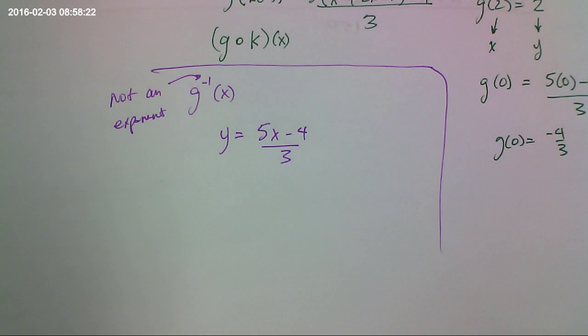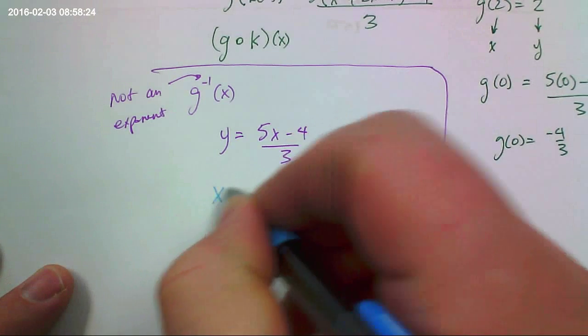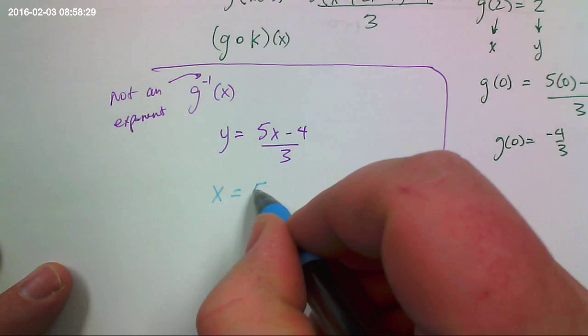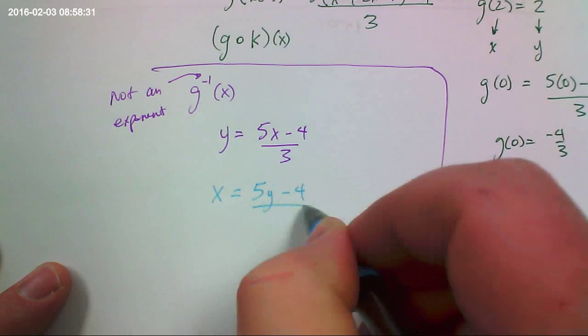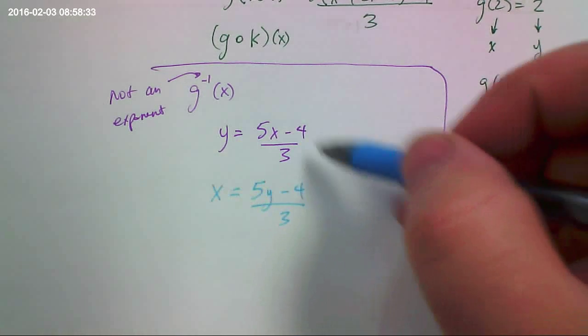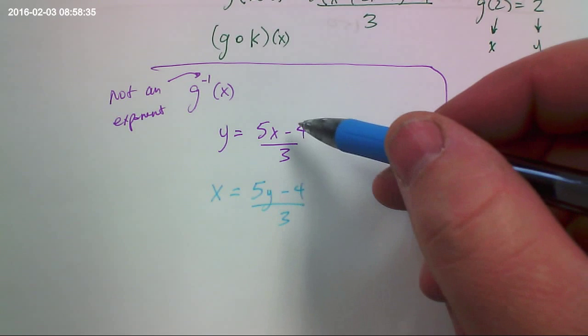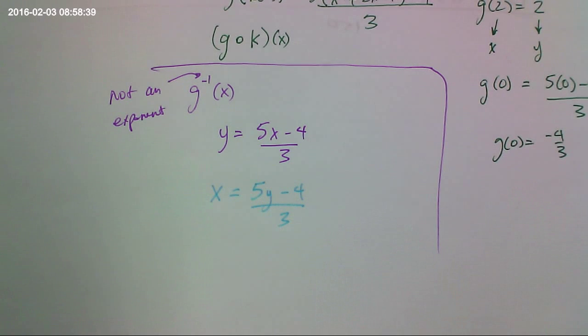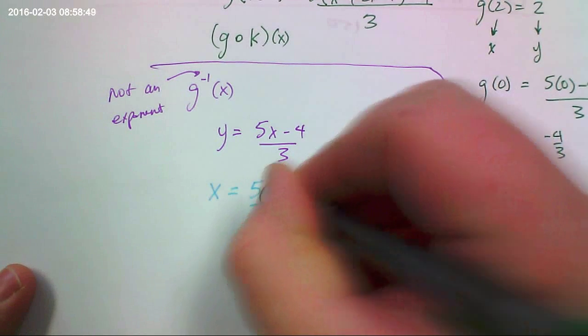So first you write it with y equals instead of g of x, and then this is not a math step. These two are not equal, so this isn't algebraically the same. We're actually doing a trick to help us turn it around. So you swap the x and y, and then you solve for y. After we interchange them, we solve for this y right here.